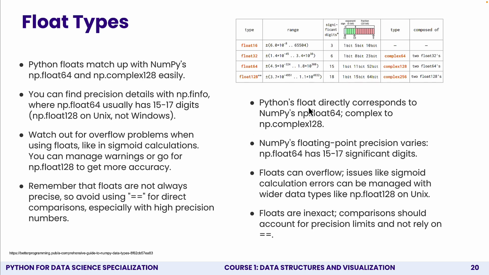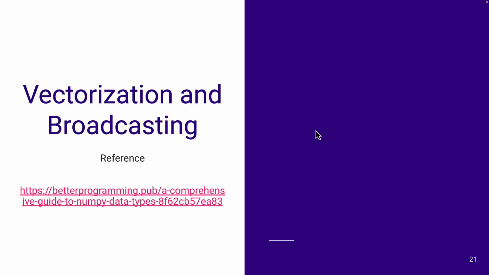So the Python float itself corresponds to the NumPy float 64. This is just to see the analogy and the mapping between the Python float type and the NumPy float type. They are different, completely different, but it corresponds to the np float 64, and the complex in Python corresponds to np complex 128.